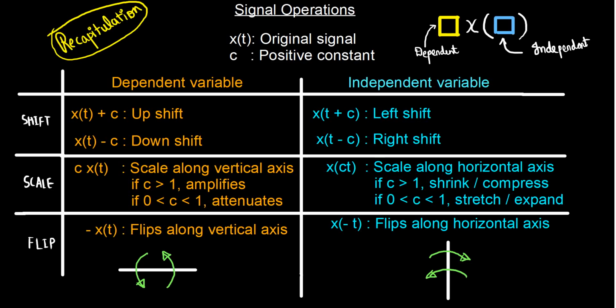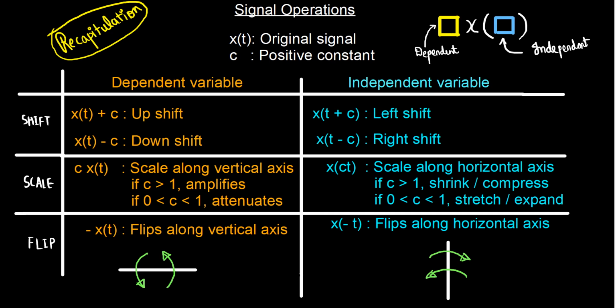In the previous module, we have learned about different operations like shift, scale, and flip, both along the dependent variable and along the independent variable. If we make the changes to the independent variable, we play with the variable inside the parenthesis, that is the argument.